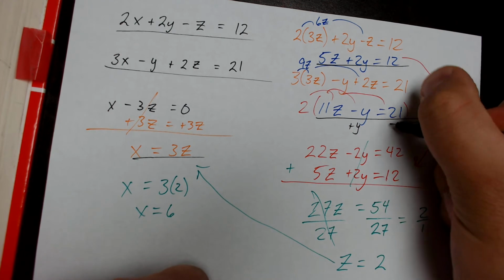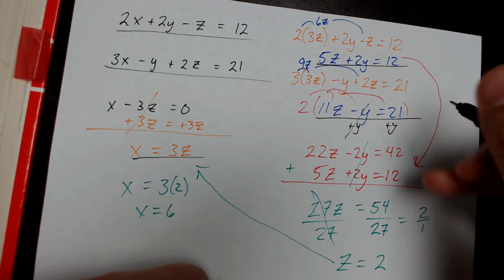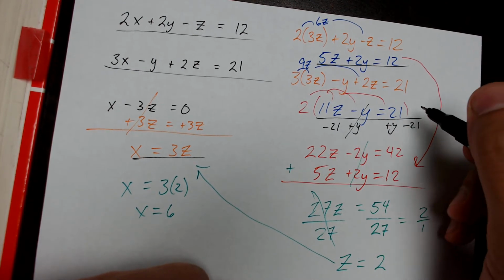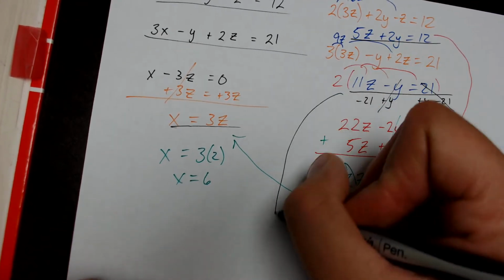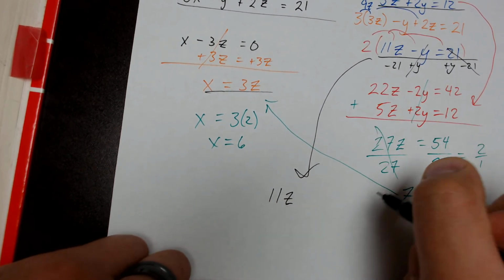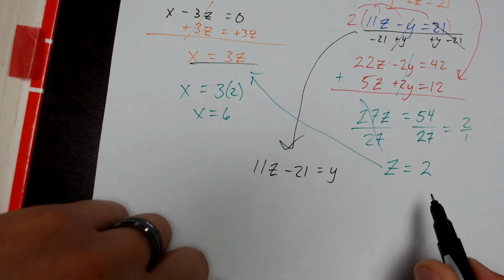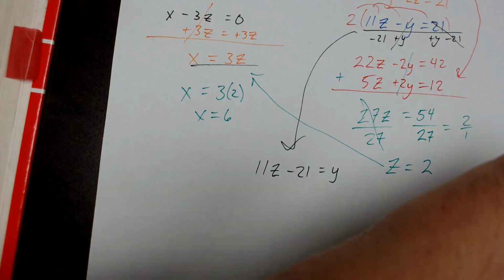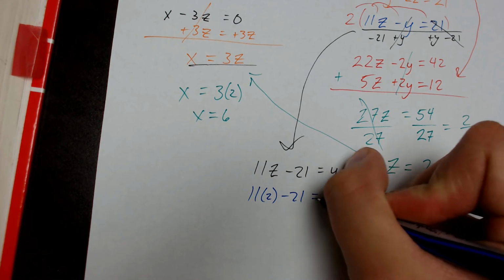So if I add y to each side, that would cancel, and then if I subtract 21 from each side, that's going to cancel, and what's going to happen is my equation will get rewritten as, I'll bring it down here, I'm going to get 11z minus 21 equals y. I can then substitute 2 for z, so 11 times 2 minus 21 equals y.